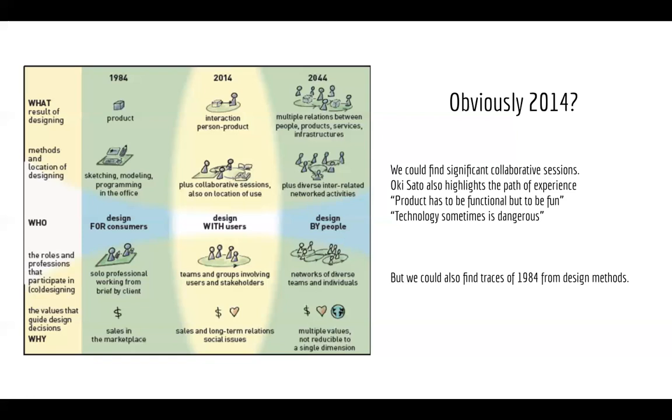And we also believe that nowadays Oki Sato is standing at a point to lead a new way to a new product design process, which is correlated to the slice in 2044.